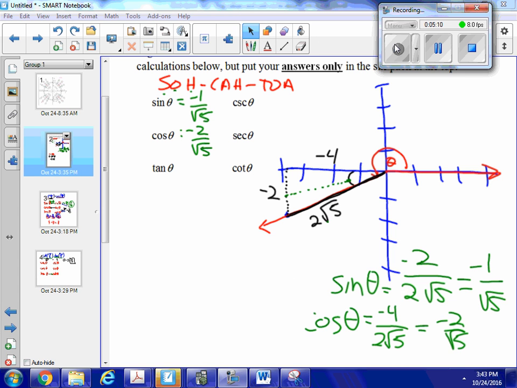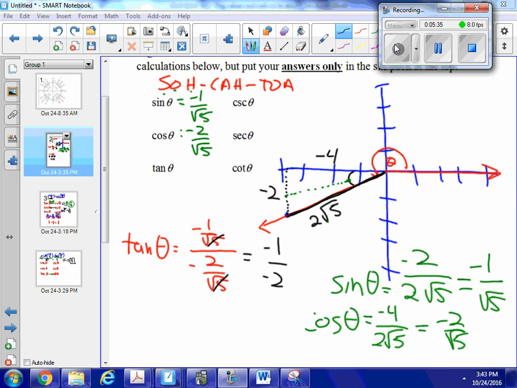Let's see if I can find the tangent. Well, tangent is sine over cosine. So tangent theta would be negative 1 over radical 5 divided by negative 2 over radical 5. And I can see since I have the same denominators, those are going to go away. So I'm going to wind up with negative 1 over negative 2.